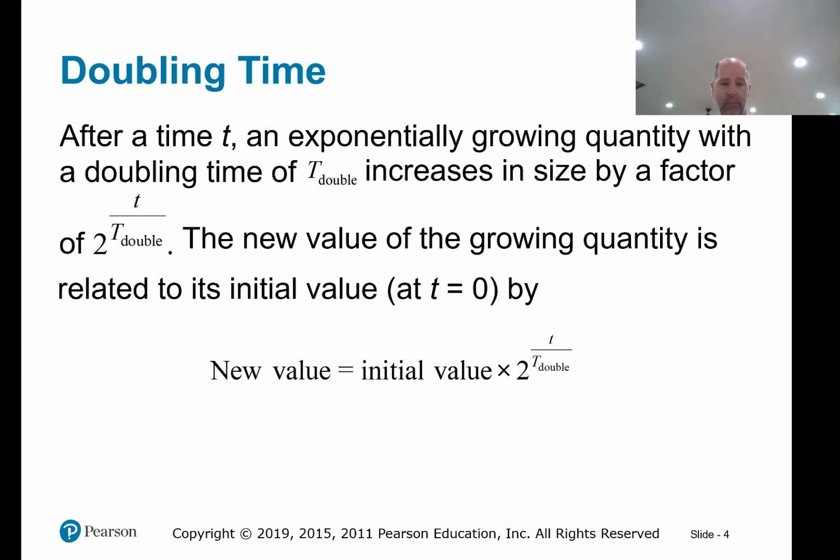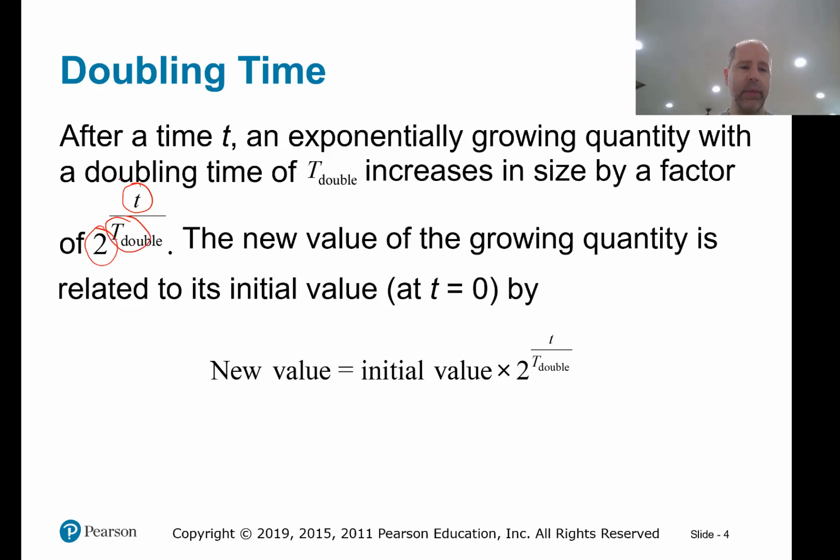All right, so now after a time t, an exponentially growing quantity with a doubling time of t sub d increases in size by a factor of 2 raised to this power. Okay, so if you notice, the base is 2. The amount of time that's passing is the lowercase t, and t sub d is the doubling time.